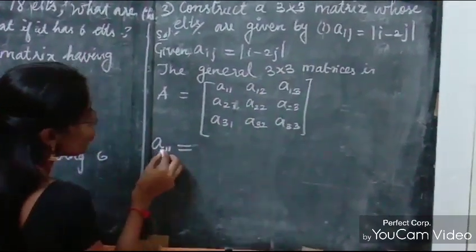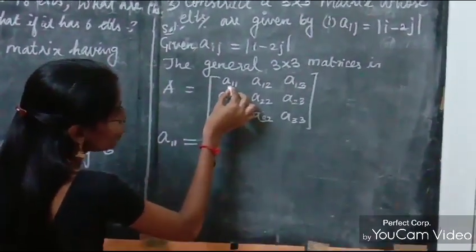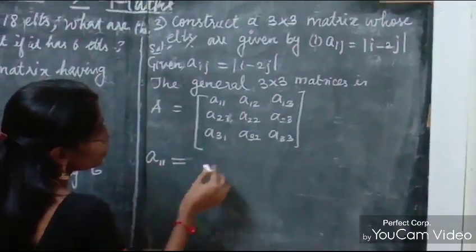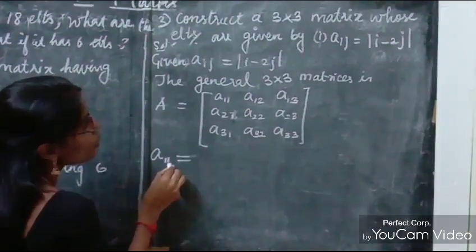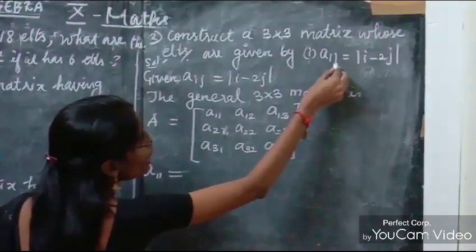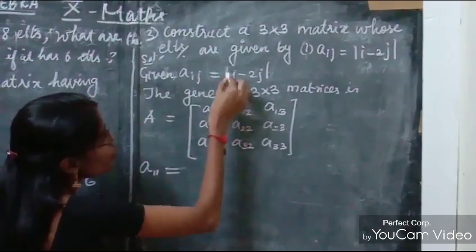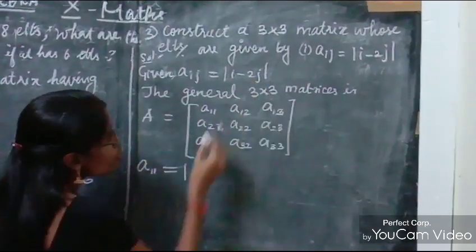A11, A11. First, you have to find A11, A12, A13. You have to find all the elements. See, A11: ith row, jth column. Modulus of i minus 2j.